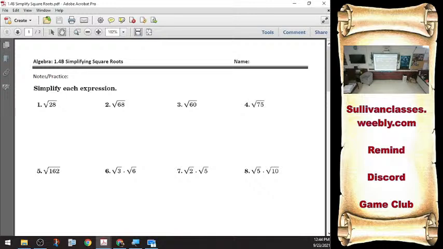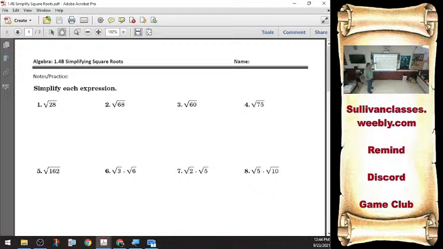Okay. Everyone got their calculator on hand. I would like you to tell me, what is the square root of 441? 21. Okay. The square root of 441 is 21.